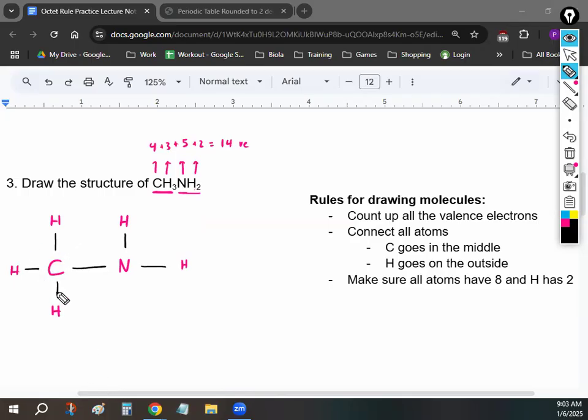We drew 1, 2, 3, 4, 5, 6 lines. That's 12. That means we only have 2 electrons left to draw. So we just need to look for the one that still needs 2 electrons. So if you take a look at this molecule, which element needs 2 electrons still? Yeah, N, because it only has 3 lines, so that's 6. Well, we can get it to 8 by giving it 2 dots. And there you go. That's what that structure is going to look like.